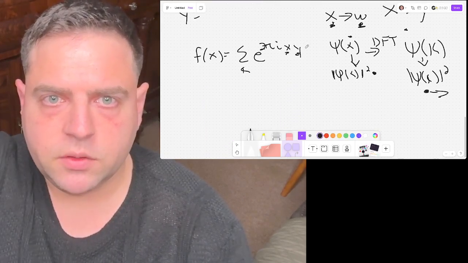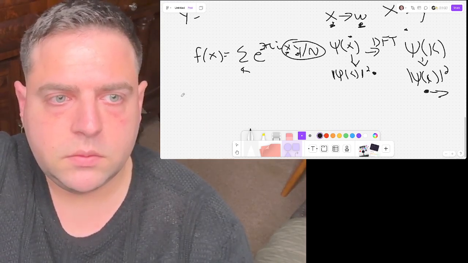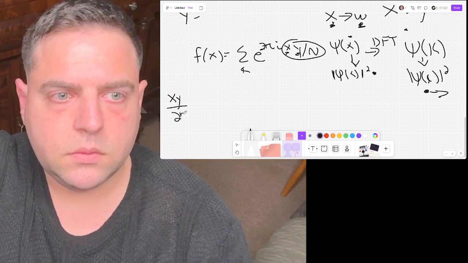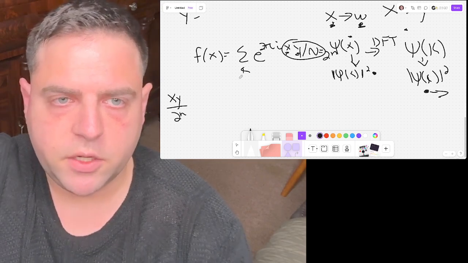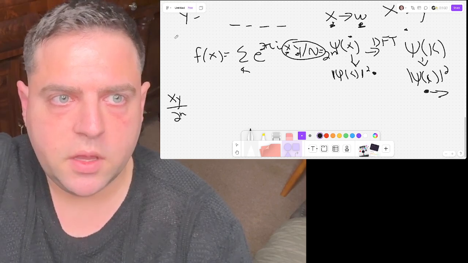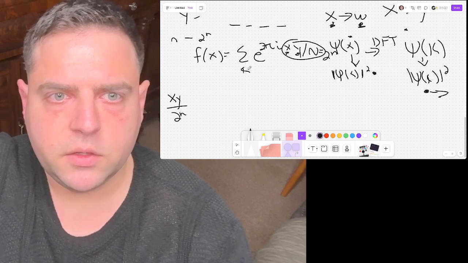Okay, back to this. Notice this term. And n equals 2 to the power of n, because that's the dimension of our space. If you have n bits, there are 2 to the n combinations. And if you have n qubits, the dimension of the space is 2 to the n. So that's what we're summing over.